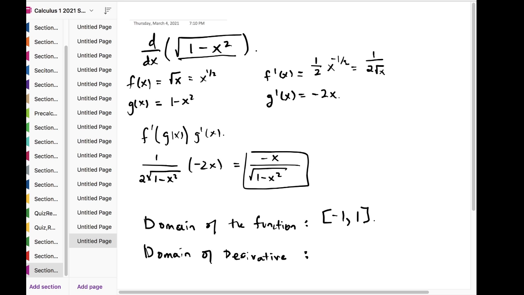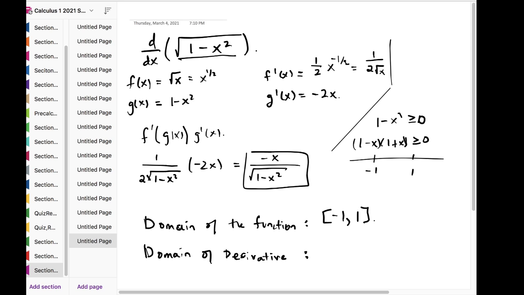Why is that? Because 1 minus x squared has to be greater than or equal to 0, which means that if you split it up, 1 minus x and 1 plus x, then you can do that check, that it's positive for things in between negative 1 and 1, and it's negative on either side. So knowing that, what's the domain of the derivative?